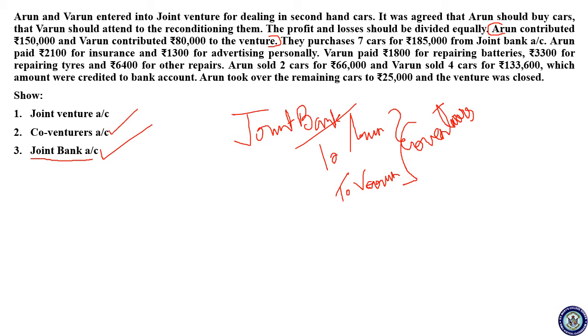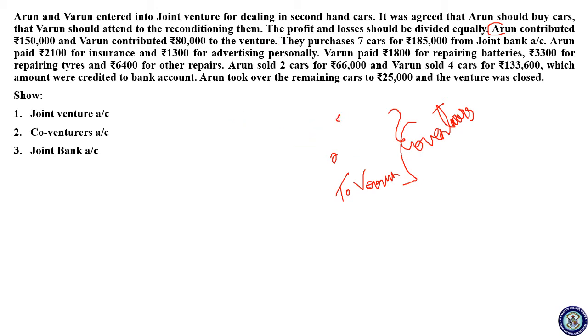Then it should be recorded in the co-venturers account, because the co-venturers, that's Arun and Varun, are credited. So the first transaction will affect your co-venturers and joint bank account. If you want, you can take down the journal entries. Joint bank account debit, to Arun's account, to Varun's account.